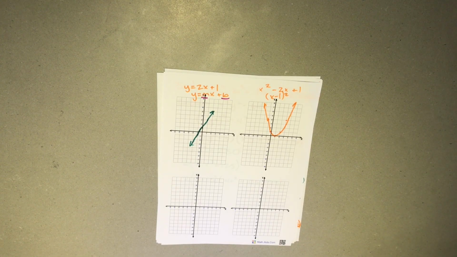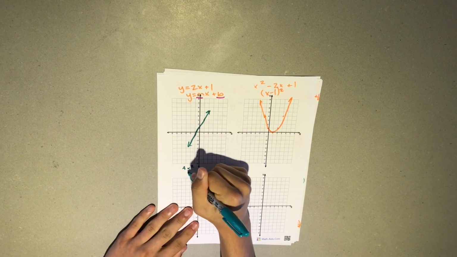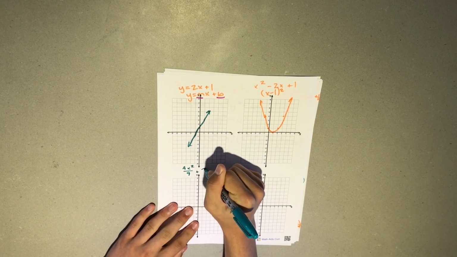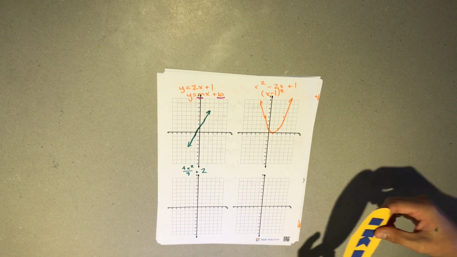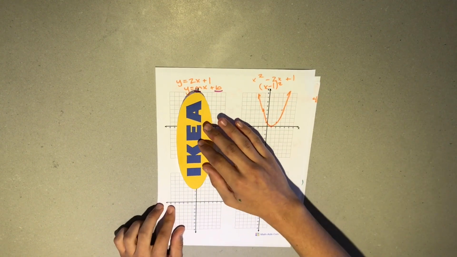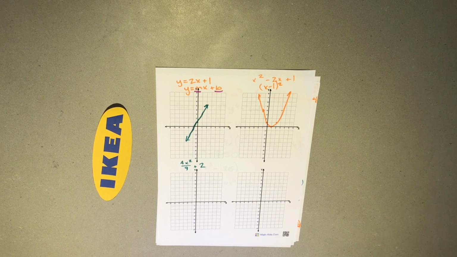So the next example is going to be 4x squared over 9 plus 2. This also happens to be the equation for a section of the IKEA logo. Because this has no x-intercepts, it can't be factored.